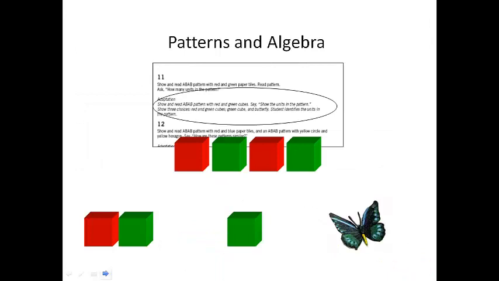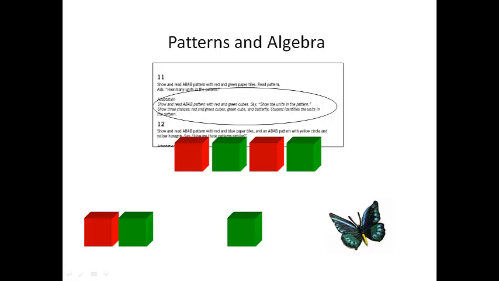Here's the example of the same item but with the adaptation. So in this case, you are asked to show and read the AB pattern with red and green cubes. So I would say red cube, green cube, red cube, green cube. And then I would ask the student, show the units in the pattern.